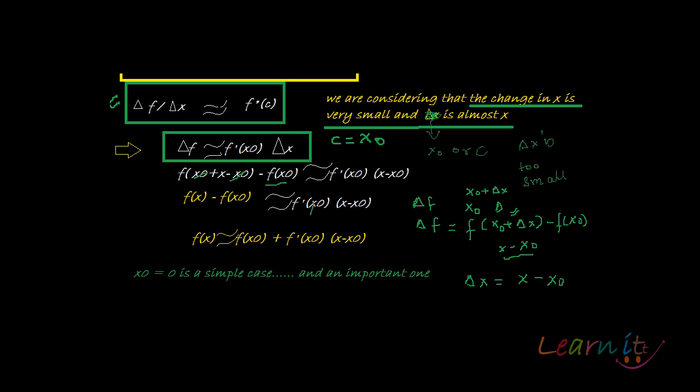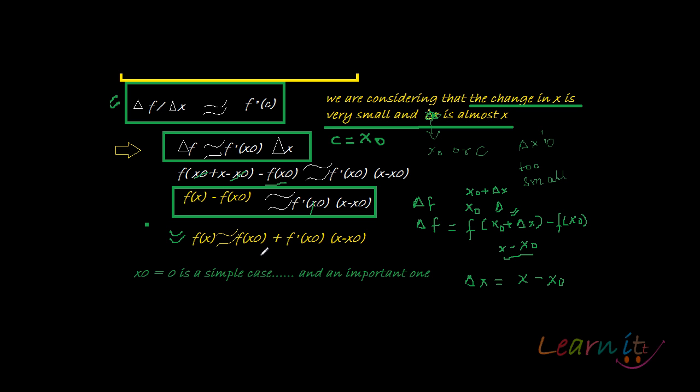So this implies that f x minus f x naught is approximately the same as f dash x naught into x minus x naught, and from there I get that the functional value f x is almost equal to f x naught plus f dash x naught into x minus x naught.